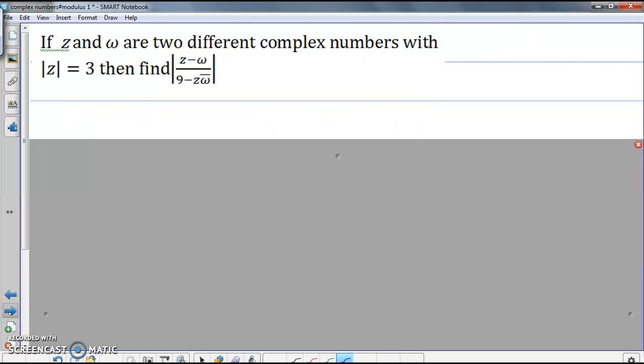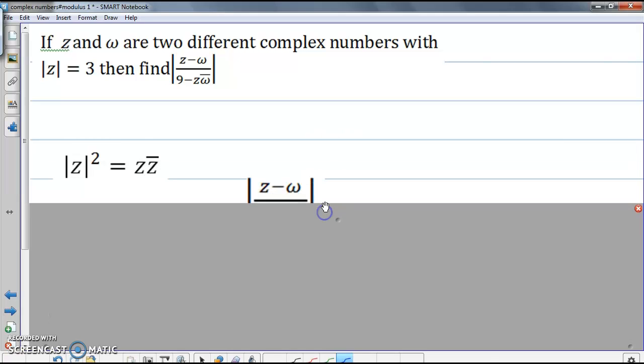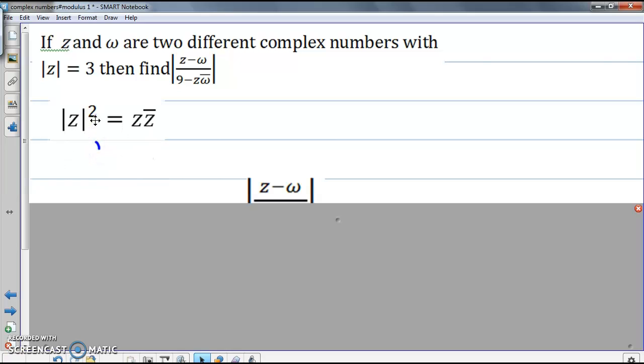Next problem. If z and omega are two different complex numbers with mod z is equal to 3, then find this modulus. Now again we use this property. Mod z square is equal to z conjugate.